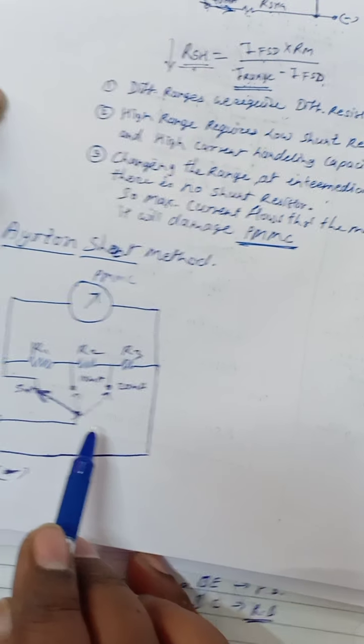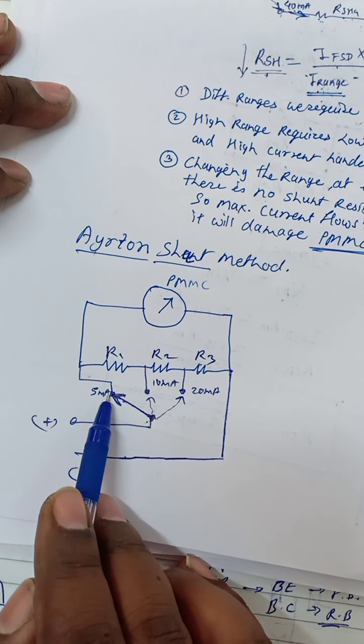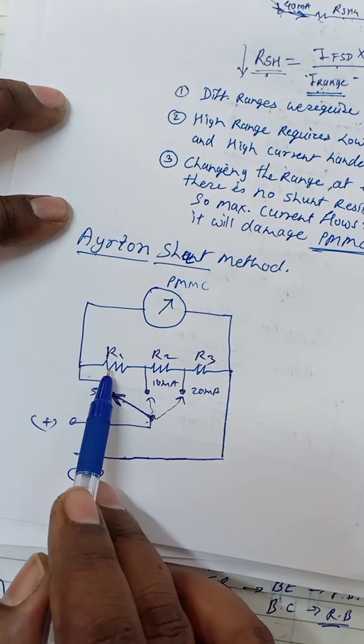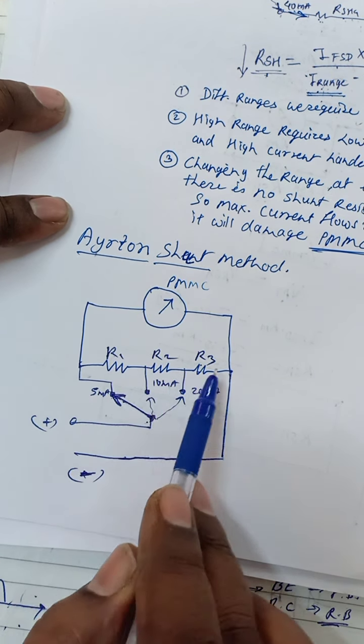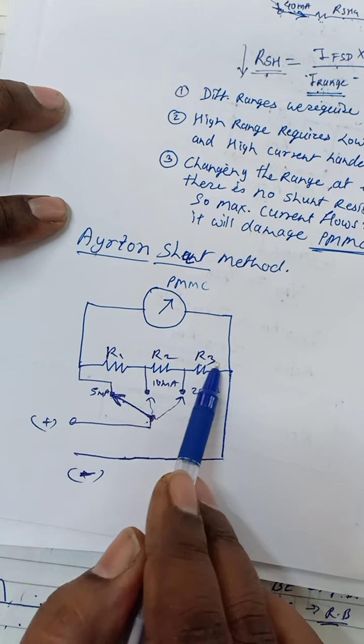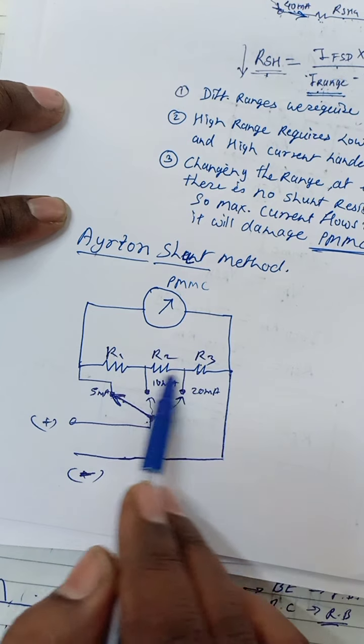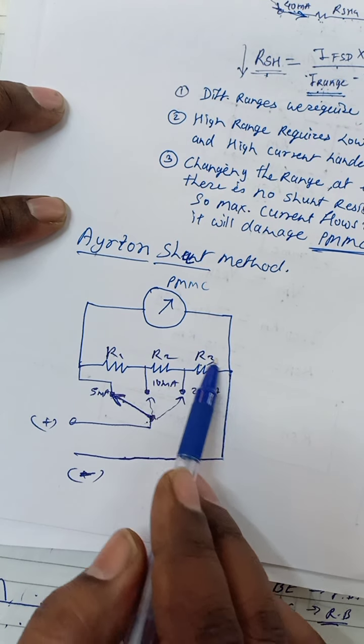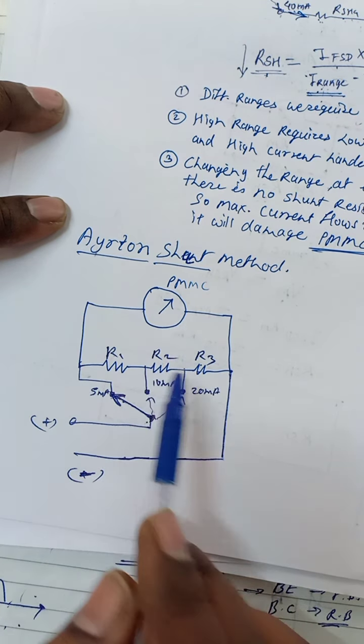If we select the first range, then R1, R2 and R3 are connected in series. So R1 plus R2 plus R3 is the total shunt resistor connected across the meter.